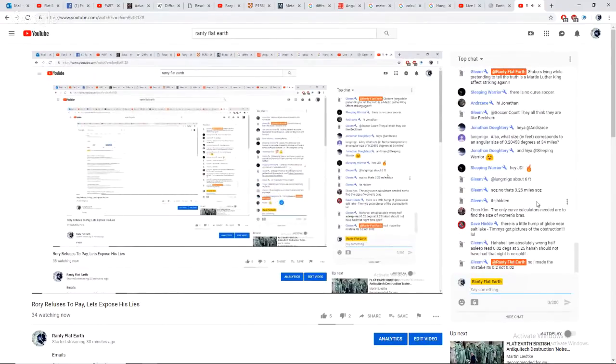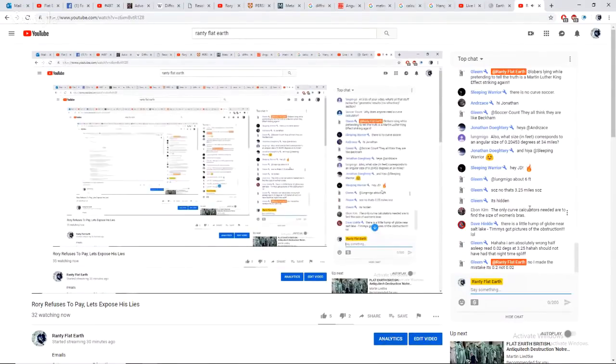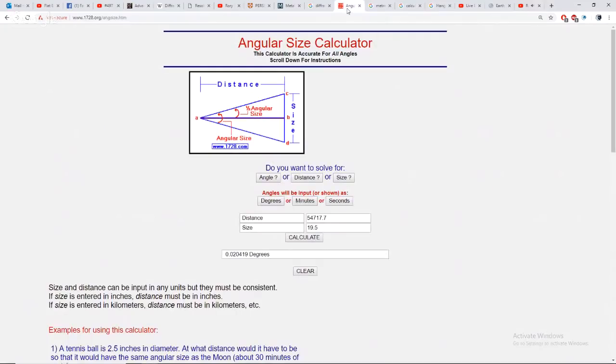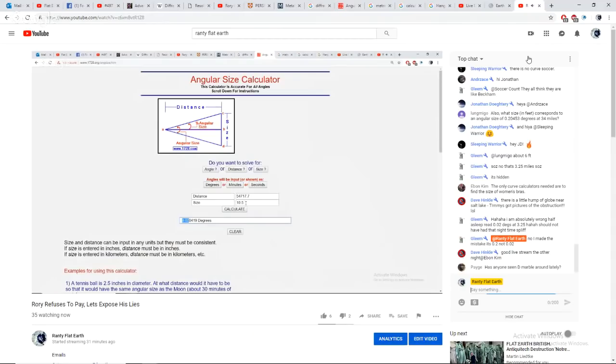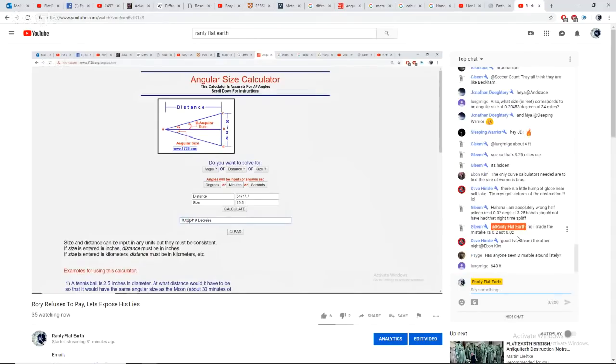Right, made a mistake. It's not 0.2, it's 0.02. Okay, sorry. Let's have another bash at this then. 0.02, that's correct, yeah. So 19.5, 0.0204. So I already did that. I already assumed that that's what you meant. So 0.02, yeah.